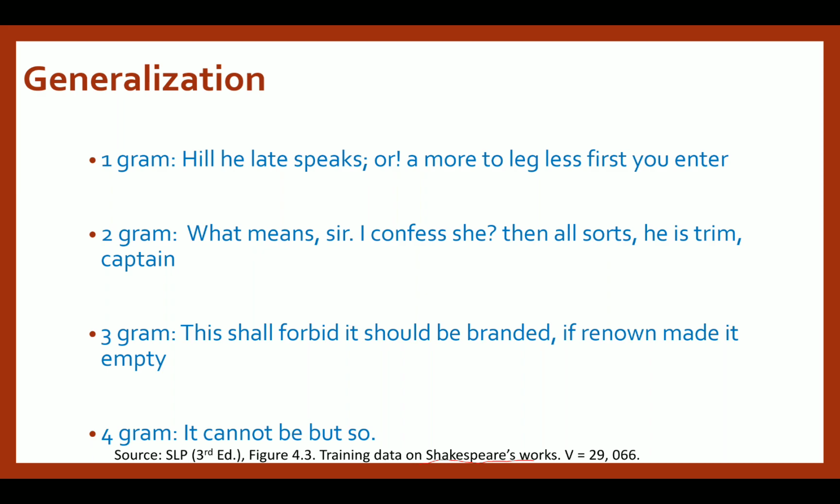So in a way it shows that as you increase the context size, the probability estimate should be better. And if you use those probability estimates to generate sentences, it will lead to more natural sentences.